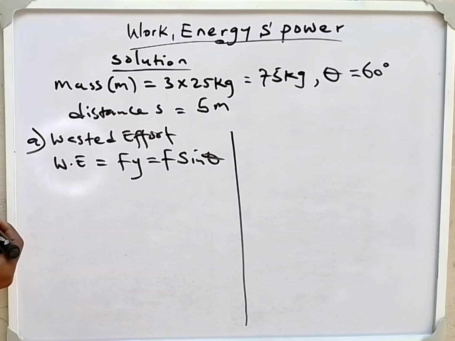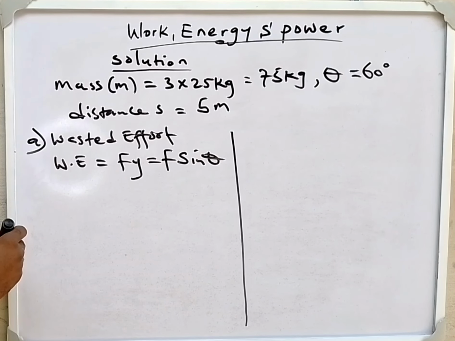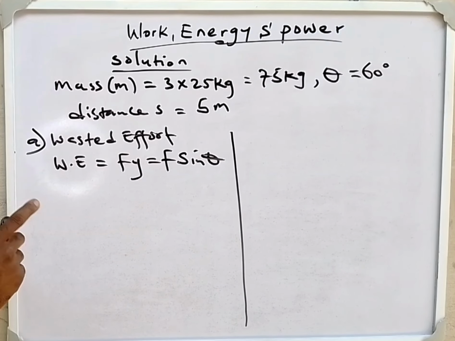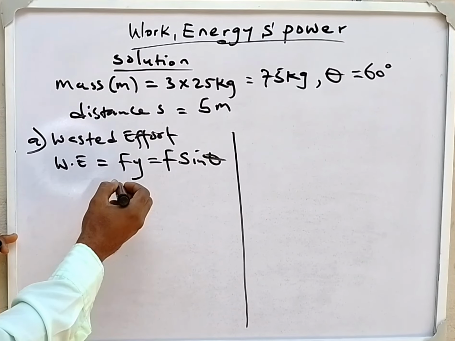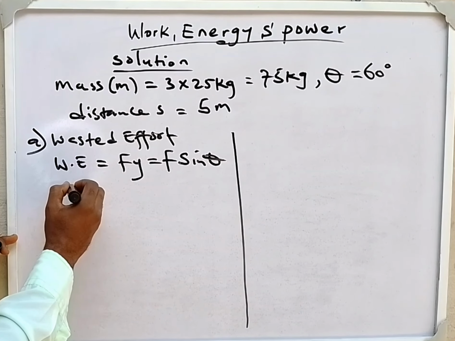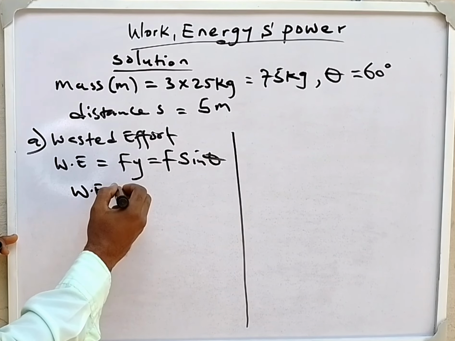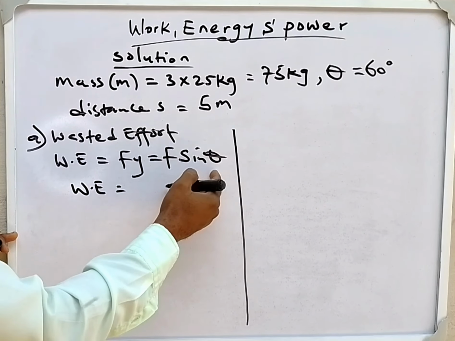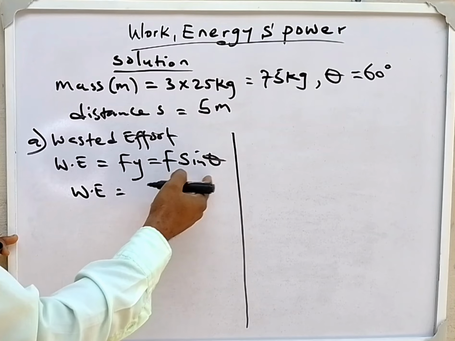In the previous video we did resolution of a vector into 2 components, the y component and the x component. So we can write that wasted effort, WE, is equal to this F here.